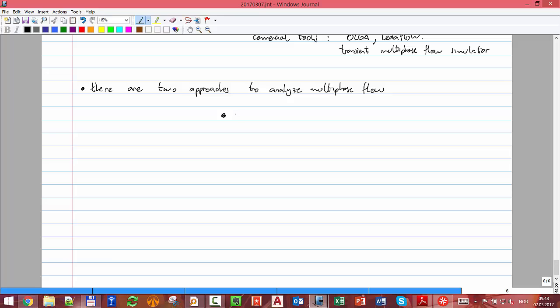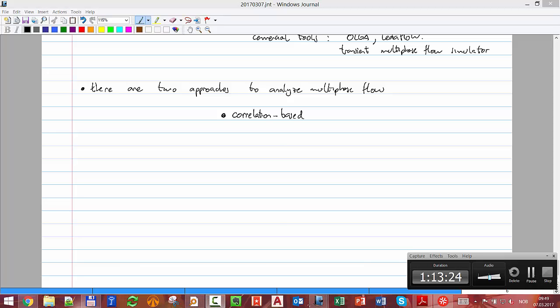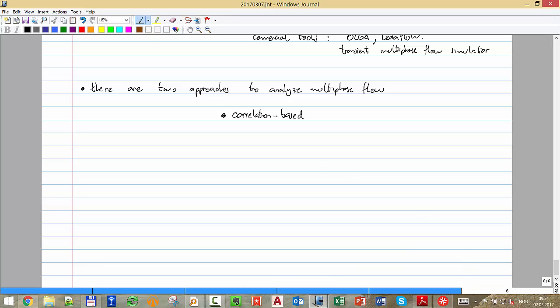One of them is what we call correlation based. Basically we have one approach that is correlation based. People try to make measurements in the lab.